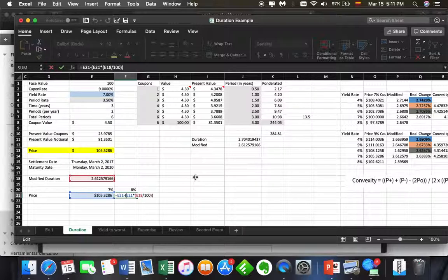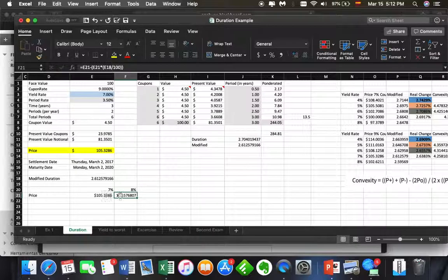So to this price, because I'm increasing the rate to 8%, I'm going to subtract that 2.6125 percent of the price. I'm multiplying the price times 2.6125 percent and subtracting it from the original price. So this should be my new price if I increase the rates by 1%. That's what the duration is telling me.